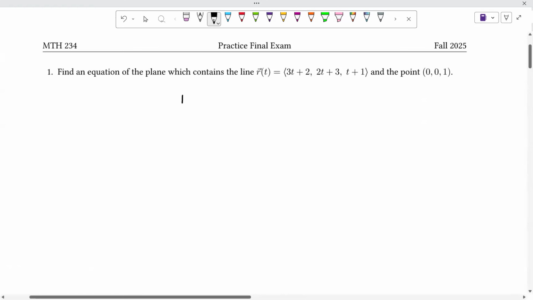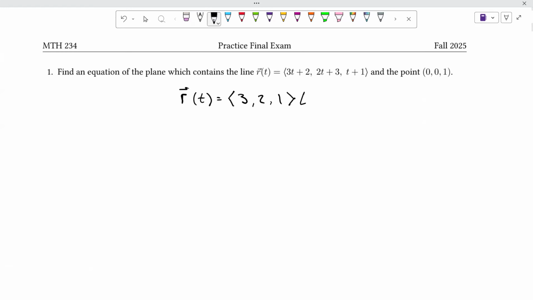So I'm going to rewrite that line so that it looks a little bit more usable to us. So R of t is the vector (3, 2, 1) times t plus the point (2, 3, 1), where I'm pulling the vector (3, 2, 1) to get that vector times t.